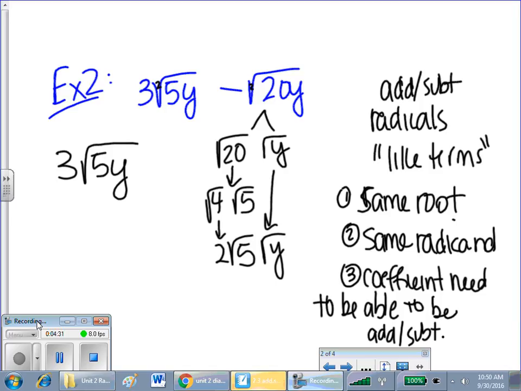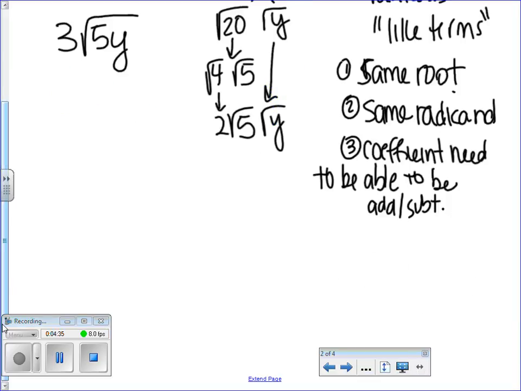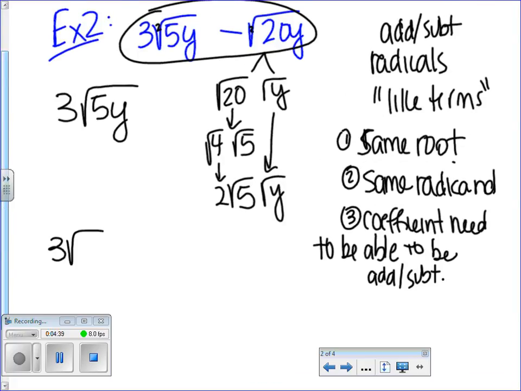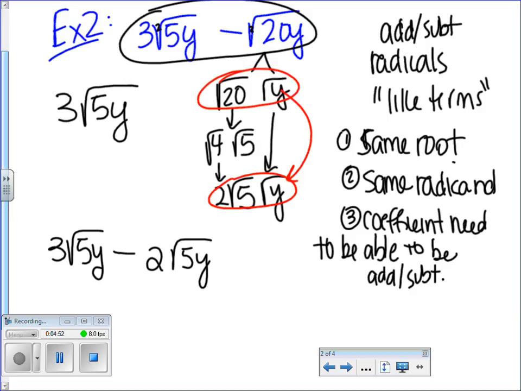So now if I rewrite my original problem, what it's going to look like is 3 times radical 5y minus 2 times radical 5y. Because when I broke down this, I got this. Now they have the same root and the same radicand.